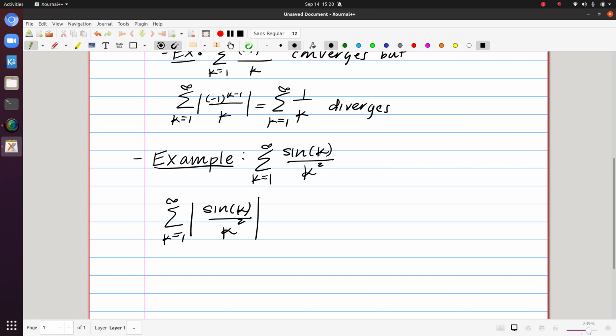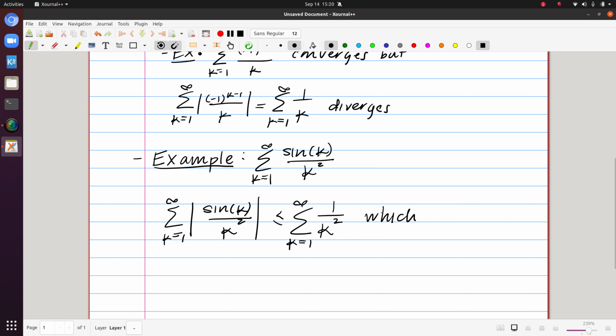So what do we gain by taking the absolute value? The main thing we gain here is that we now have a series with all positive terms, the one that I'm writing in this bottom line here. That now allows us to use some of the tests that require positive terms. In particular, because the sine function is always less than or equal to 1, I can bound this above by 1 over k squared, this series.